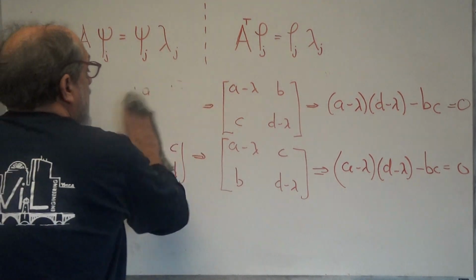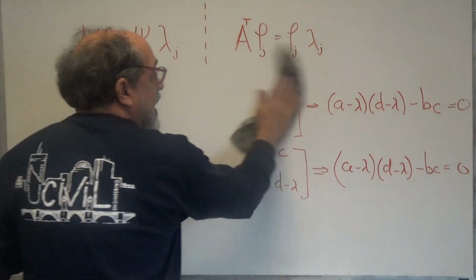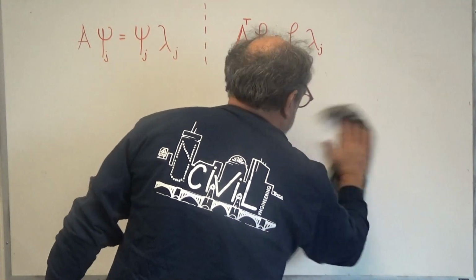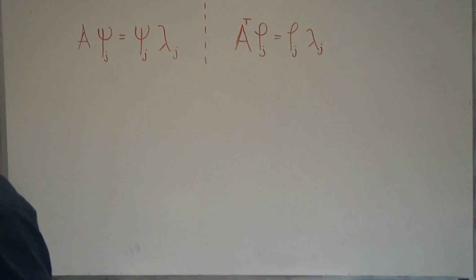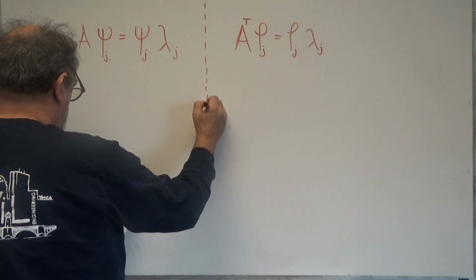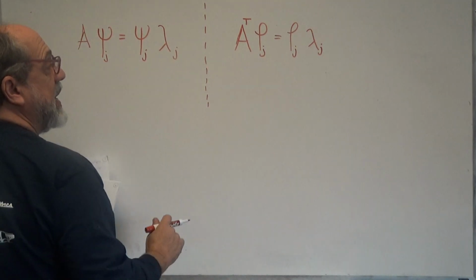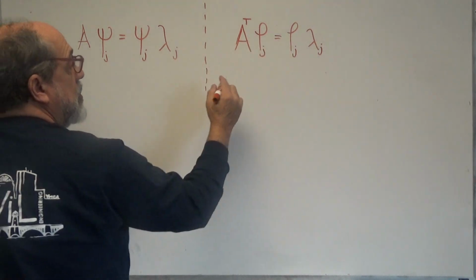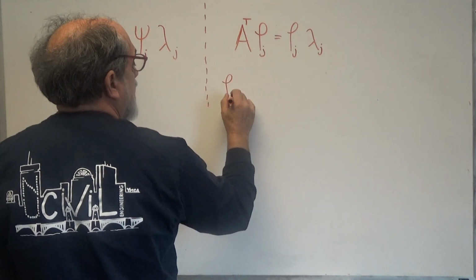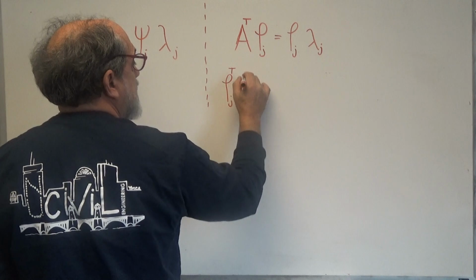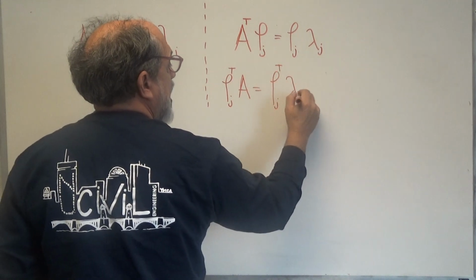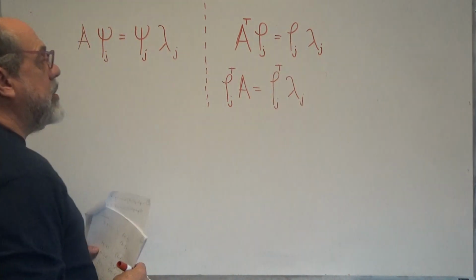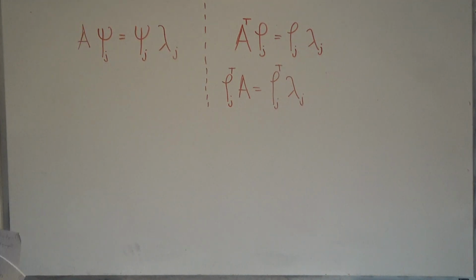Okay? Now, once we accept that, then we are back to this point. At this stage, we can say, let's take a look at this side, and let's take a transpose of this equation. Then we get C transpose times A is equal to C transpose times lambda j. There is no need to transpose lambda because that is a scalar, right?